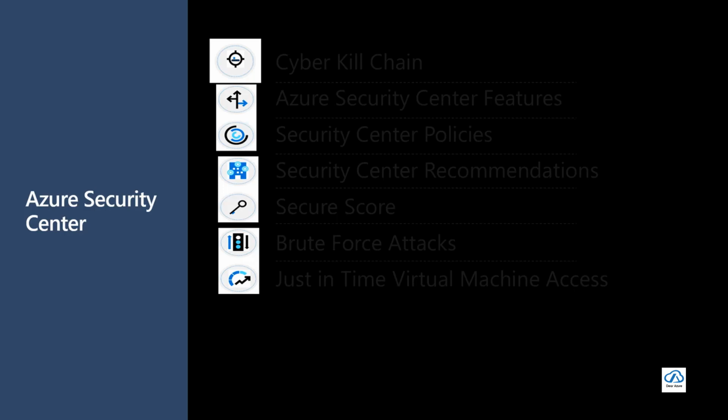Now, the concept of Azure Security Center is it wants to kill this chain. How do we kill this chain? We kill this chain by preventing, detecting, and responding. On all these three parameters, Azure Security Center is a help for any organization because it is a central system for monitoring your security status.